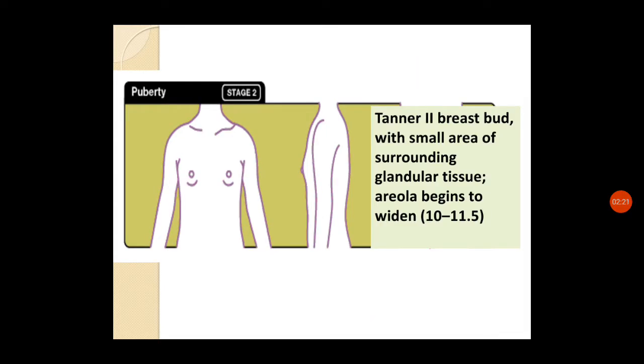In Tanner 2, a breast bud will be formed with a small area of surrounding glandular tissue. Some small area of surrounding tissue is elevated with deposition of glandular tissue, and the areola begins to widen. This happens at 10 to 11 and a half years.